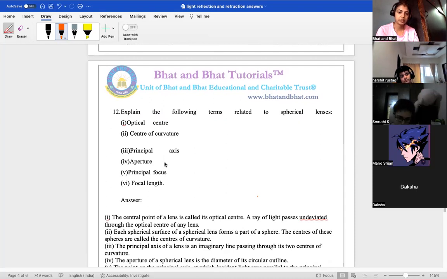Focal length or principal focus. After that comes focal length. What is principal focus? The point on the principal axis where the light will pass.